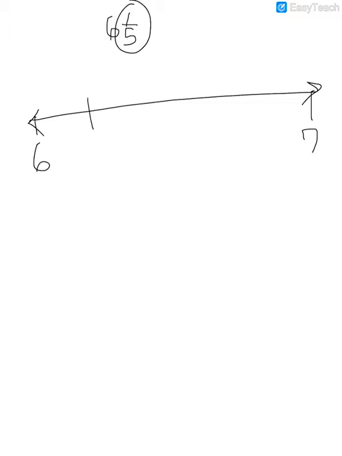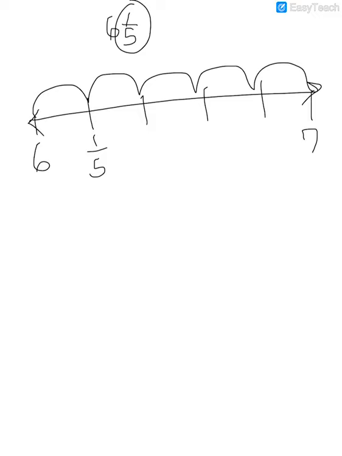So here's 1, 2, 3, 4, which gives me 1, 2, 3, 4, 5 jumps to get to the whole number 7. So now I'm going to number my partitions. This is 1 out of 5, 2 out of 5, 3 out of 5, 4 out of 5, and then 5 out of 5.